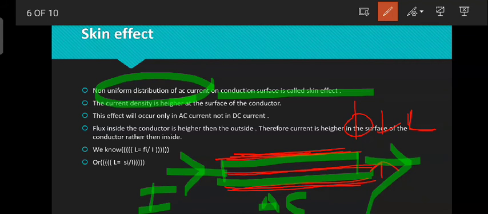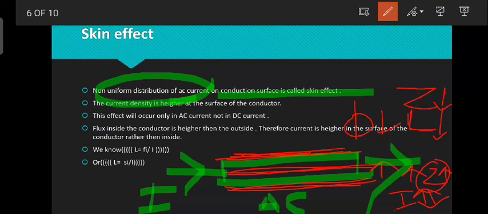So inductance is directly proportional to flux, so at the surface inductance will be less, and in the middle inductance will be greater. If inductance is greater, the impedance is also greater, and at the surface the impedance is smaller. If impedance is greater, then current is very low, because they are inversely proportional.